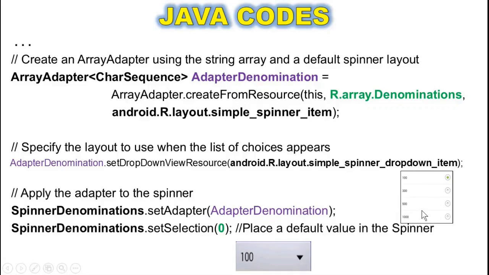It is an array of strings. If I want to set a default value of the spinner, I call the method setSelection using the object spinnerDenominations. I indicate the array index, which is 0, which is the value 100. If you want to set a default value of 300, then set the index to 1. So the indexes begin at 0 and are followed by 1, 2, and then 3, because it is a string array.